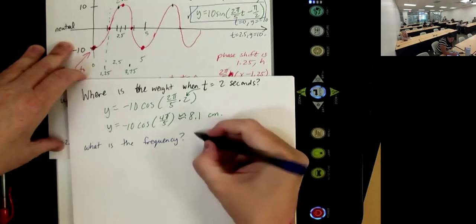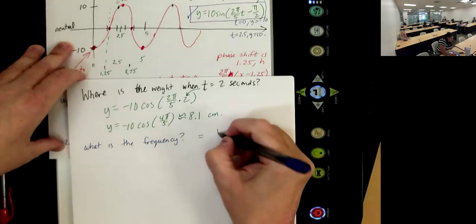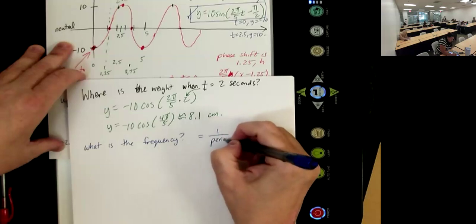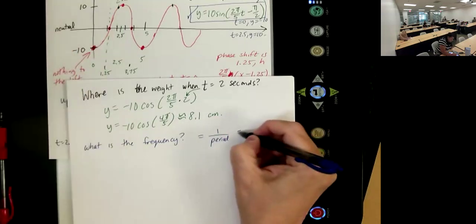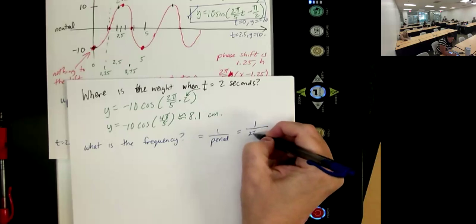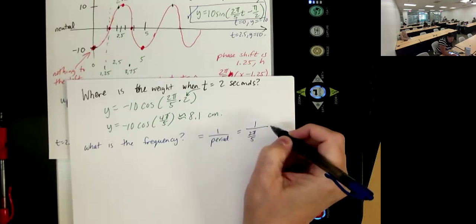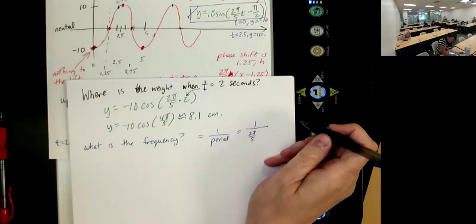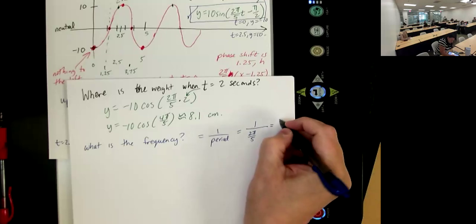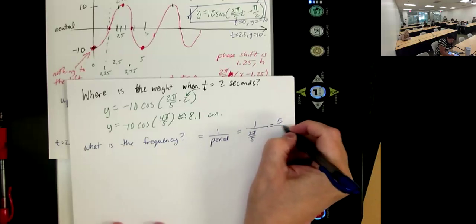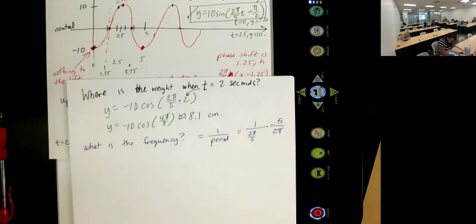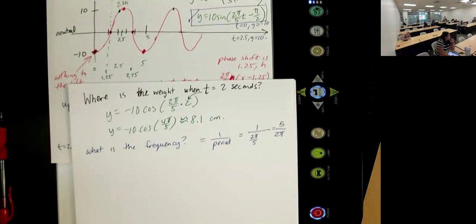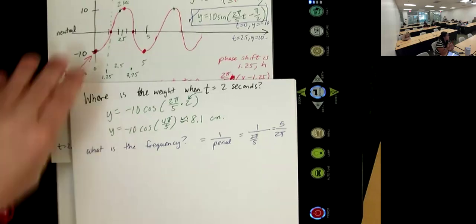So frequency is 1 over the period. Or 1 over 2 pi/5, which is 5 over 2 pi, which looks weird.